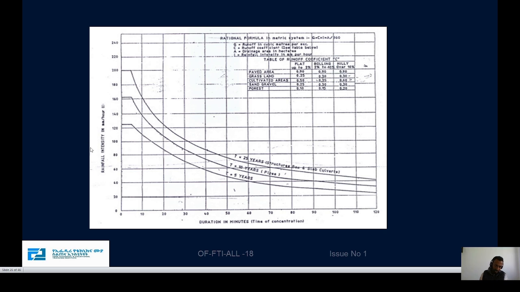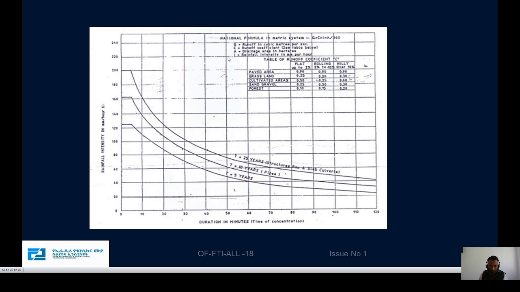The graph shows the rainfall intensity in millimeters per hour and also the duration of time, the time of concentration. T means the return period. The return period will be 5, 10, or 25 years. So we consider the years of return period.